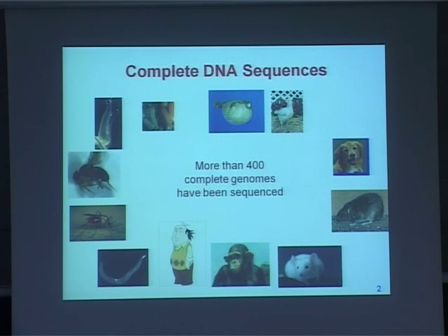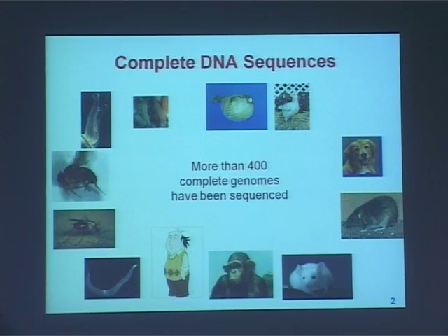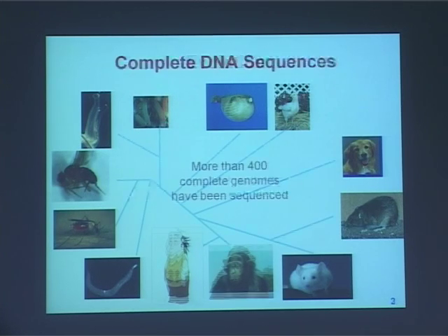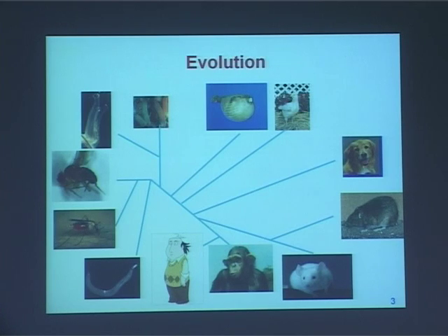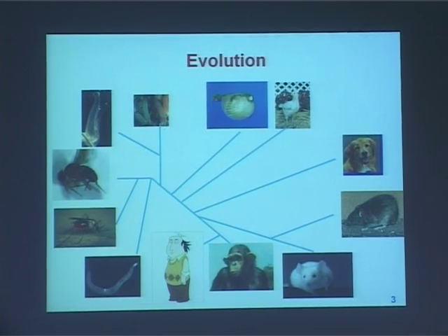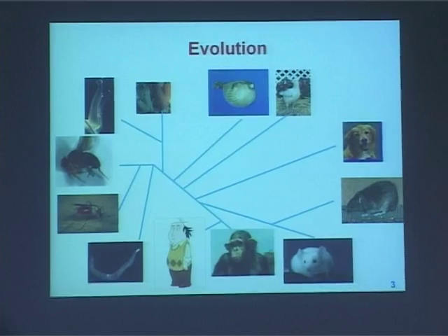There are many sequencing projects in progress, as you have seen yesterday, and a lot of them are completed or in assembly stage, but we have a lot of sequence data. And all this data is available, most of it publicly. You can go ahead and access these data sets and do searches, find similarities between species. And maybe using these similarities between the genes, we can derive the evolutionary relationships between organisms.